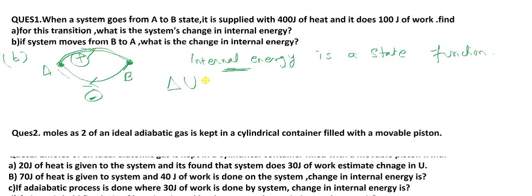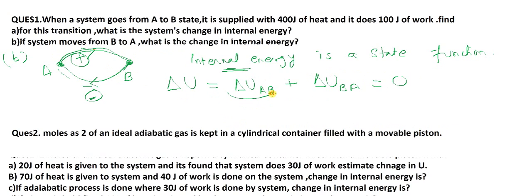The overall change in internal energy from moving from A to B and then coming back to A from B will be delta U from A to B plus delta U from B to A, and it's a cyclic process. Then obviously change in internal energy will be 0 because you're coming back to the same initial point, so it will be 0.